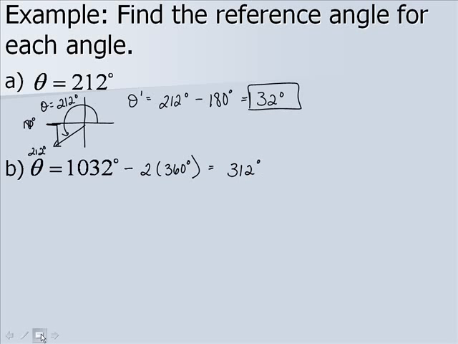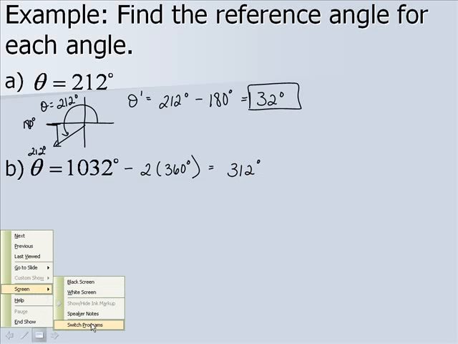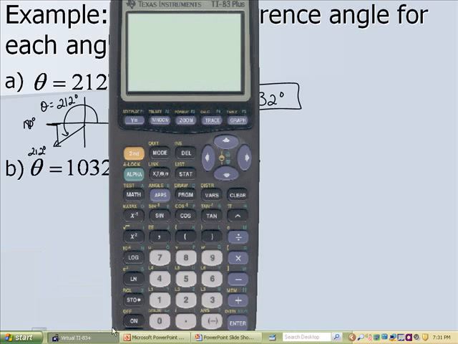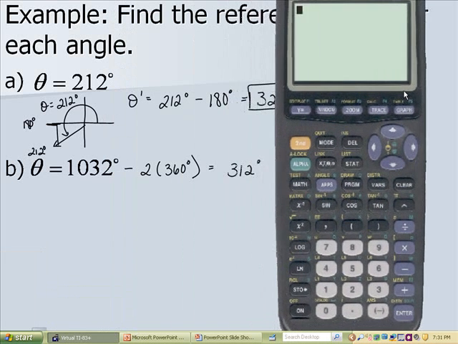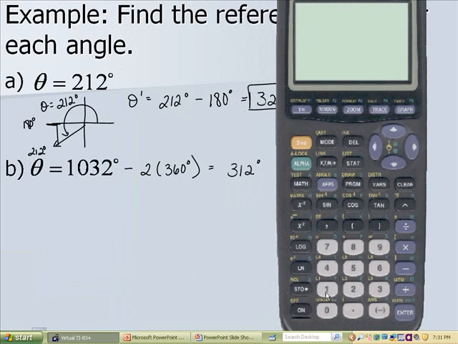Basically, if you're not sure how many times you need to subtract 360, just start subtracting. So we start with our angle, and we subtract 360 once, and we can subtract it again before we get a value between 0 and 360, and that is 312.